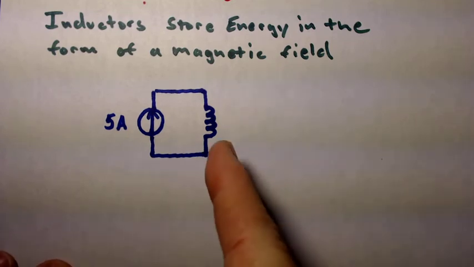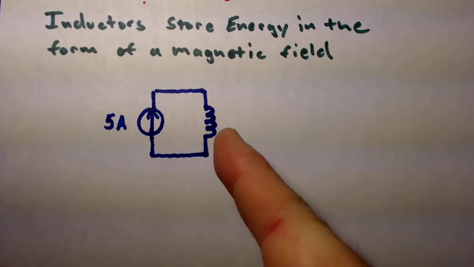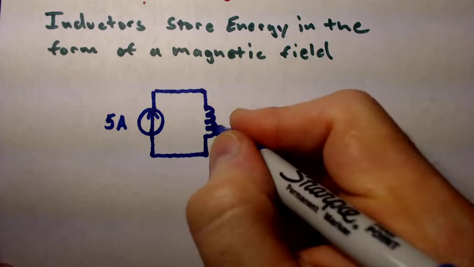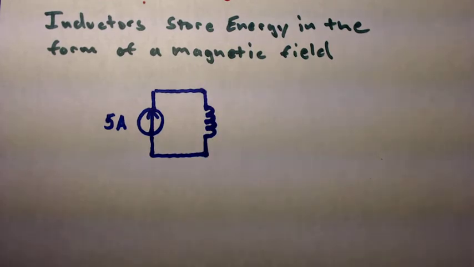Now, I'm going to need to describe how much inductance this coil has, how much inductance this inductor has. The unit that we use for that is the Henry.